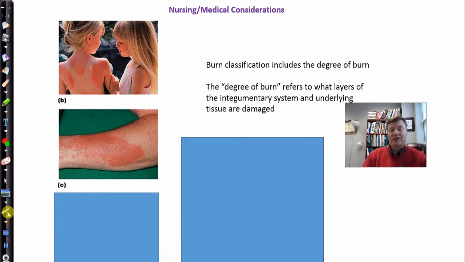So it could have gone either a little deep or even deeper into the dermis to give us a second-degree burn. These are described as the most painful burns because you have damaged a fair amount of tissue to get to the dermis, and even though it's painful, these typically are going to heal without much of a problem.